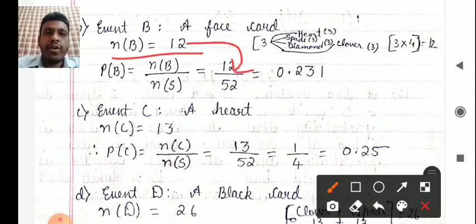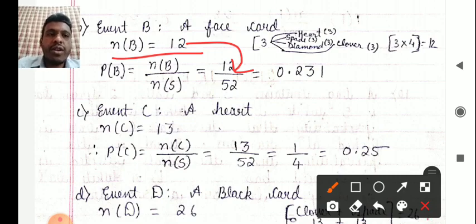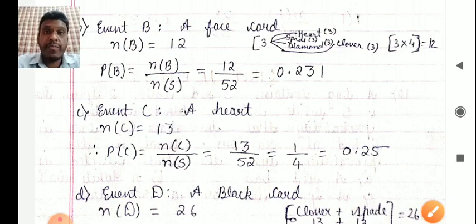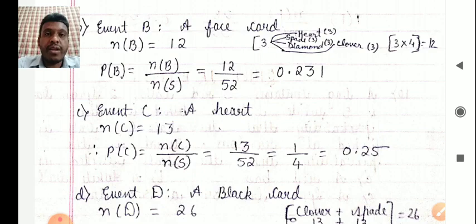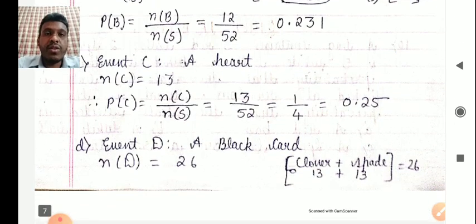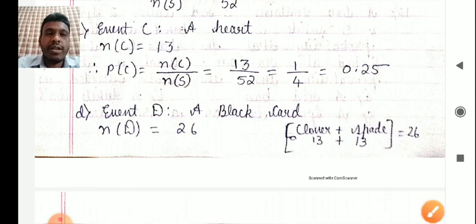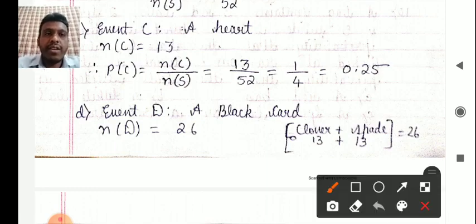So probability of B is equal to n of B upon n of S. So n of B is 12, 12 divided by 52. 52 remains the same because there are 52 cards, which is equal to 0.231. The third event we'll see. What is event C? Event C talks about heart. It is a heart. So n of C, how many hearts are there?